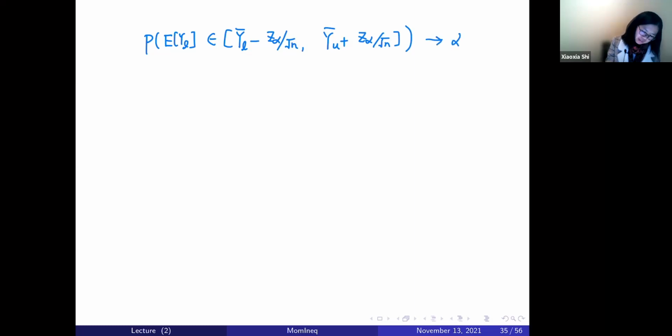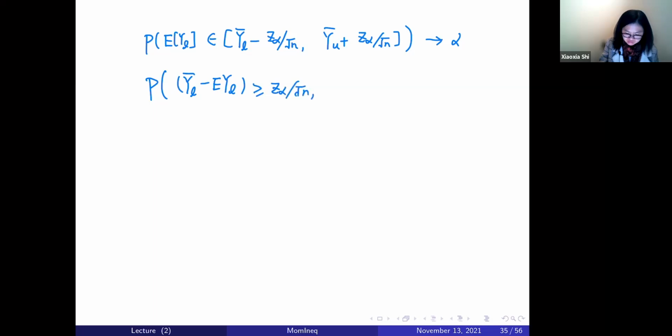That is because the probability that this value is in this interval is equivalent to YL bar minus EYL being greater than Z alpha over root n, as well as YU bar minus EYL being greater than Z alpha over root n.